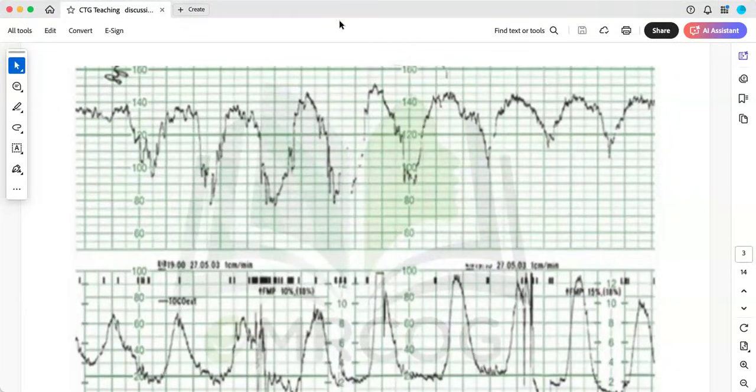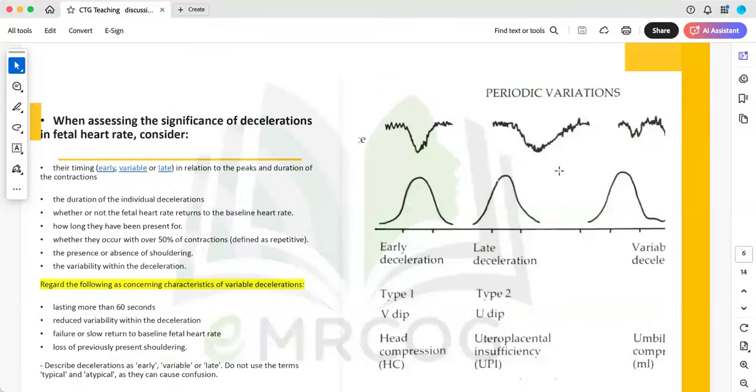Now it's time to discuss D. And the D is for decelerations. And the decelerations, my friends, are divided into early deceleration, which is usually non-harmful, or variable deceleration. And the variable deceleration, as you can see here, is not related to the contractions.